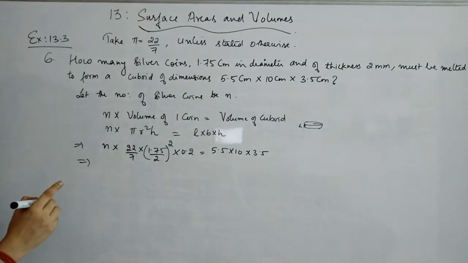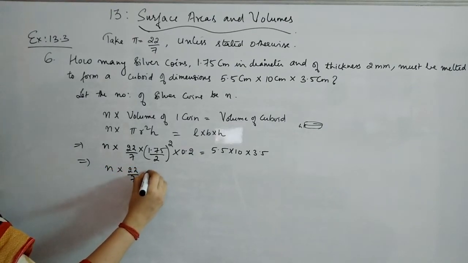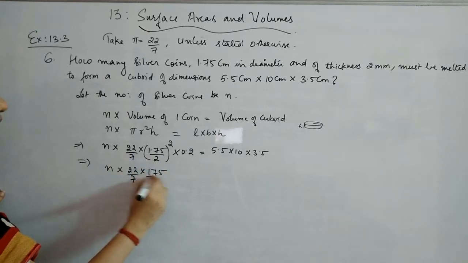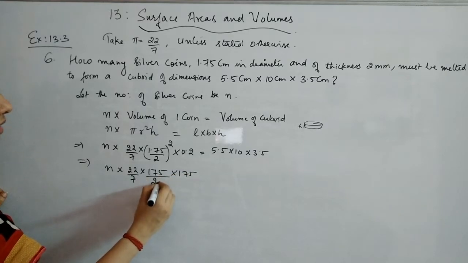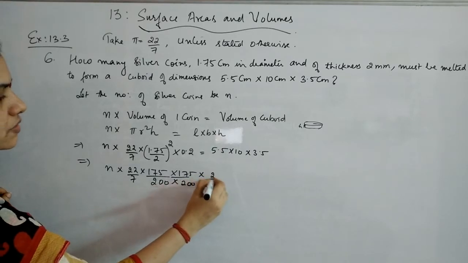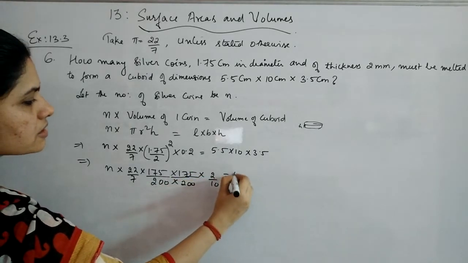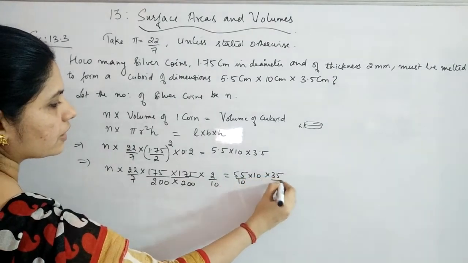Now you have to find out n. Before that, we will simplify n into 22 by 7. This can be made as 1.75; removal of the point will give you 175 into 175 divided by 200 and 200, into 2 by 10. This is 55 by 10 into 10 into 35 by 10.